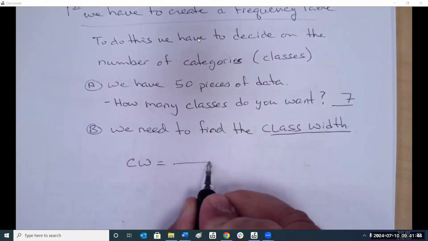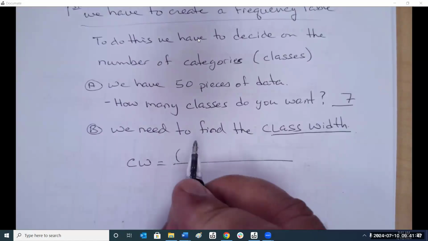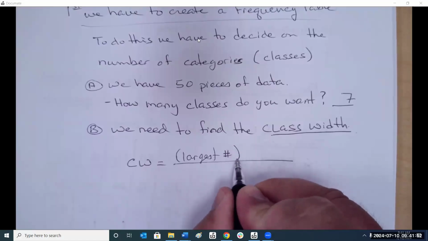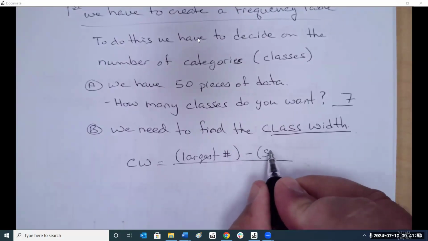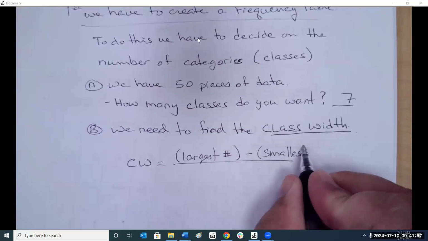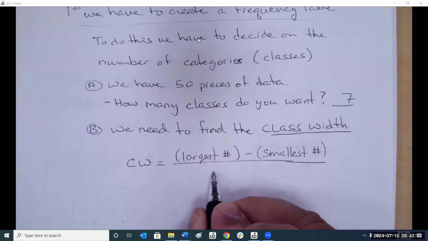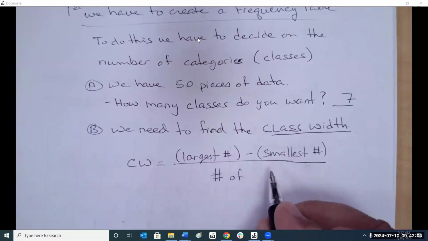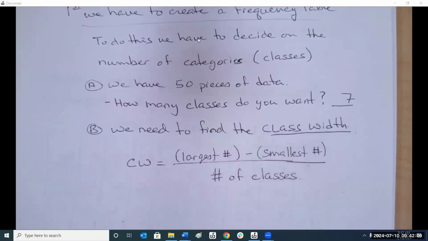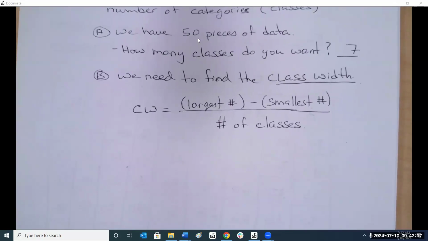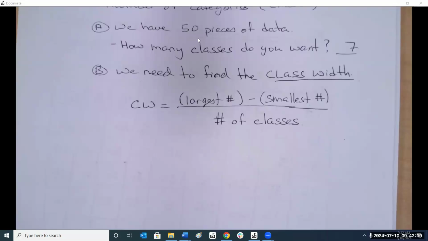Class width equals the largest number in your data set minus the smallest number in your data set, divided by the number of classes that you want. So that's how we determine the class width.